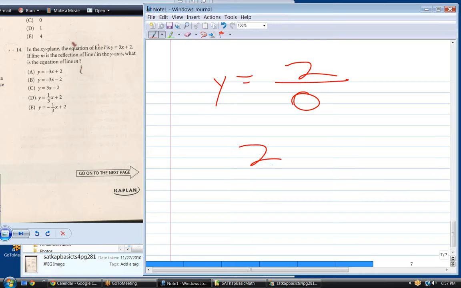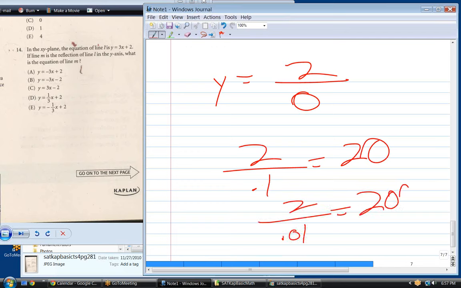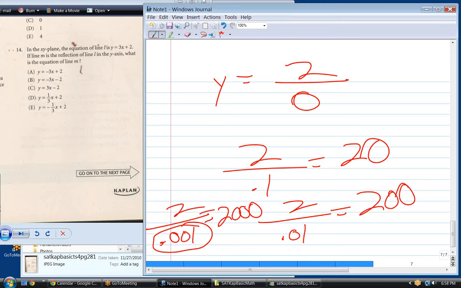If I start looking at numbers, 2 divided by 0.1 is equal to 20. 2 divided by 0.01 is equal to 200. 2 divided by 0.001 is equal to 2,000. Notice that as I make the denominator closer and closer to 0, my result goes closer and closer to infinity. So undefined really means infinity.